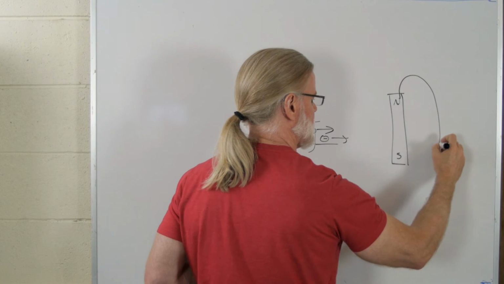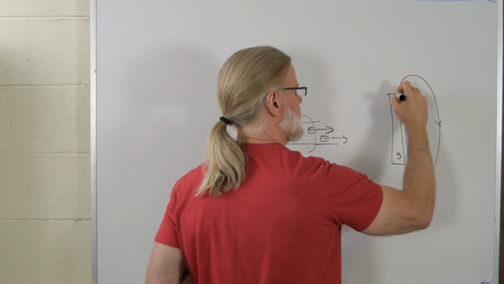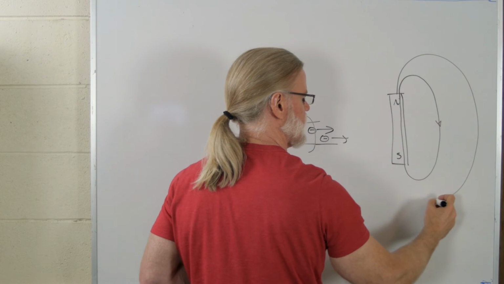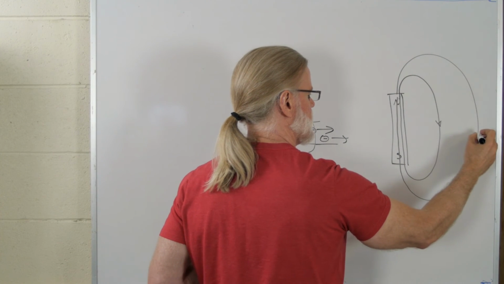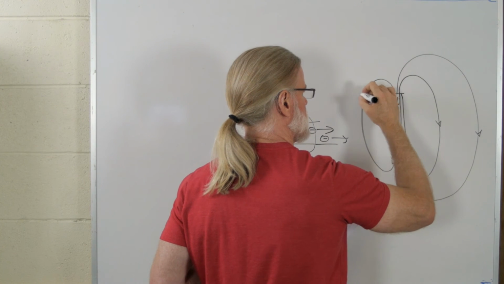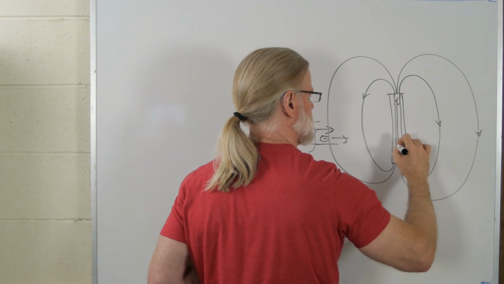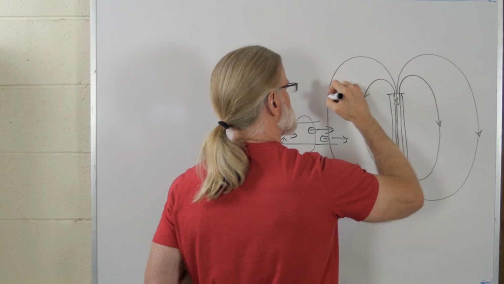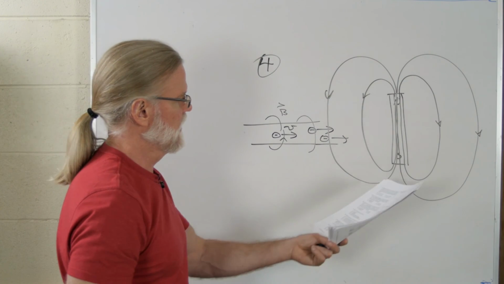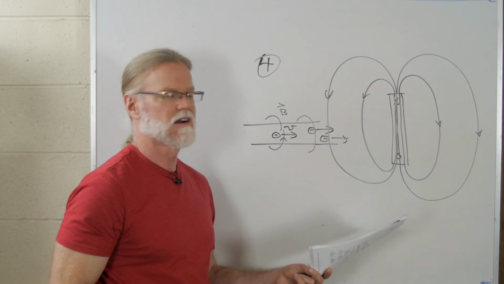With magnetism, remember, field lines always form closed loops, and they never cross. Where they're closer together, the field is stronger.